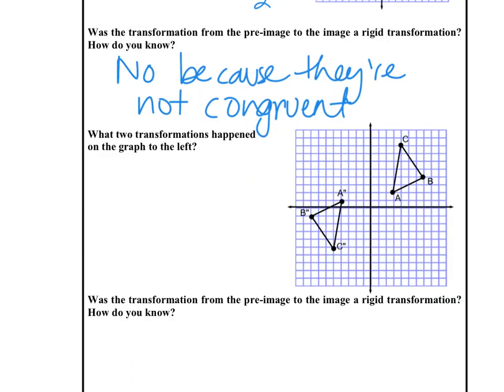So it turned 2 times, so that's a rotation of 180. This is a part where I would get out patty paper if I were you. And I would go ahead and do that transformation because right now, if you do that, it's not going to end up here. So would you please get out a piece of patty paper, trace A, B, and C, and the x and y axis, and do that rotation of 180 degrees, because it will not be that shape because something else happened.